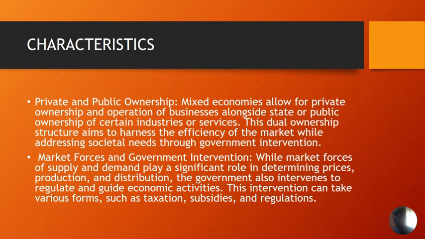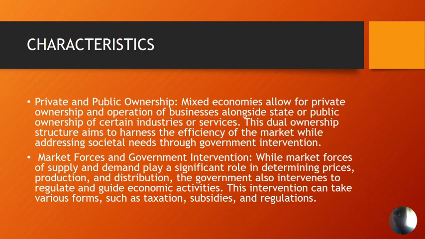There's private and public ownership. Mixed economies allow for private ownership and operation of business alongside state or public ownership of certain industries or services. So we are looking at the issue of private ownership and public ownership, whereby we have business being run by the private sector and business being run by the public sector.